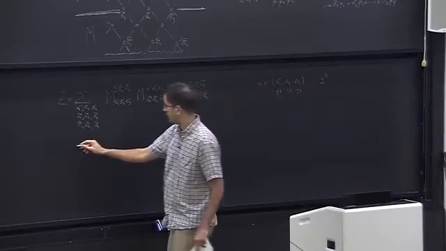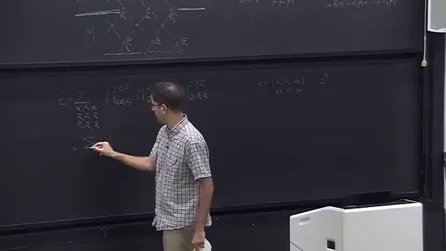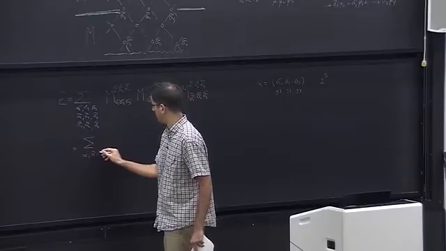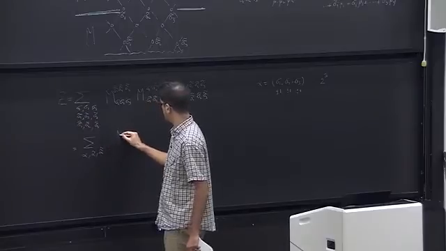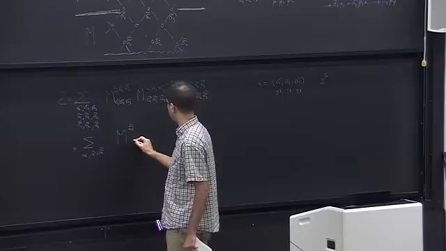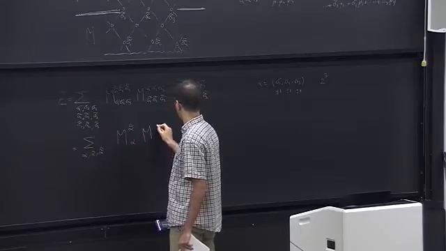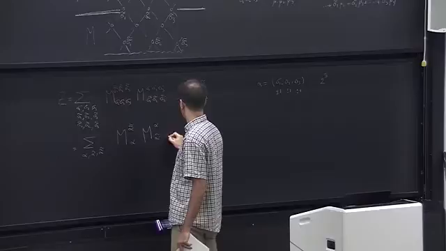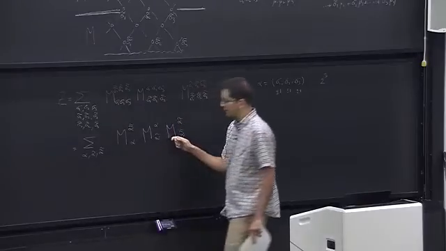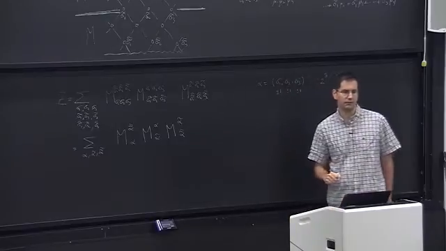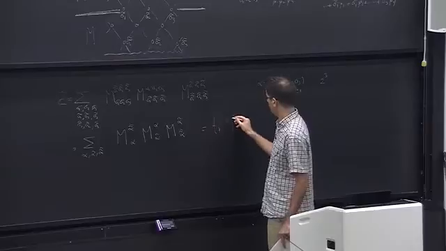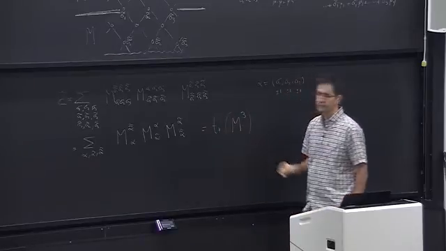And therefore, we can write this in terms of a sum over alpha, alpha tilde, and alpha double tilde of what we can now properly call a matrix. Okay. Now M has 2 indices only. It's a matrix. And this is nothing but the trace of M to the 3rd power. Okay?